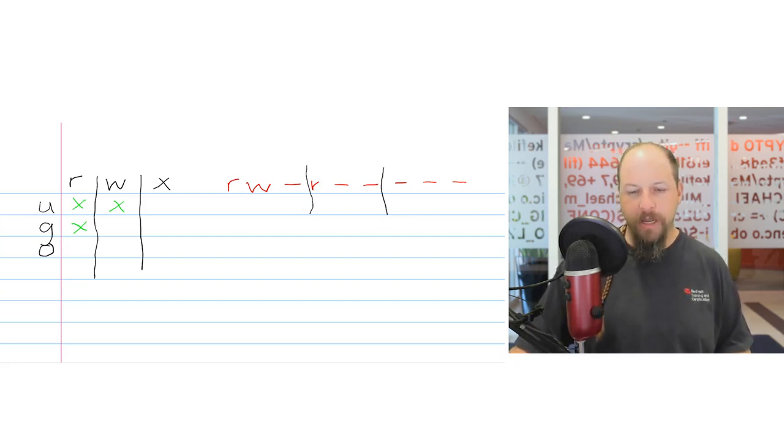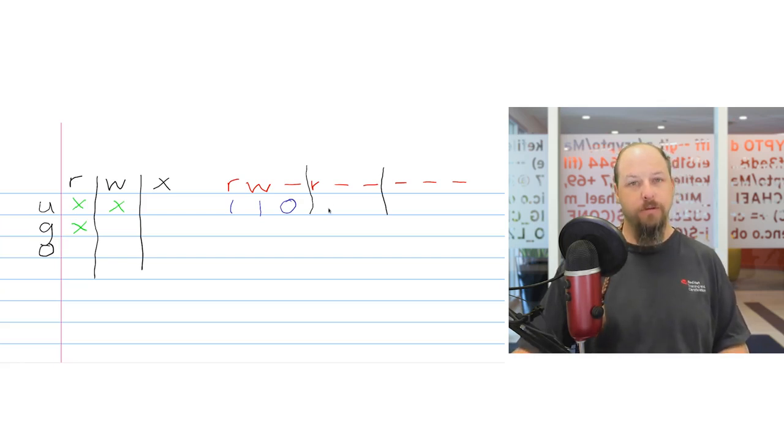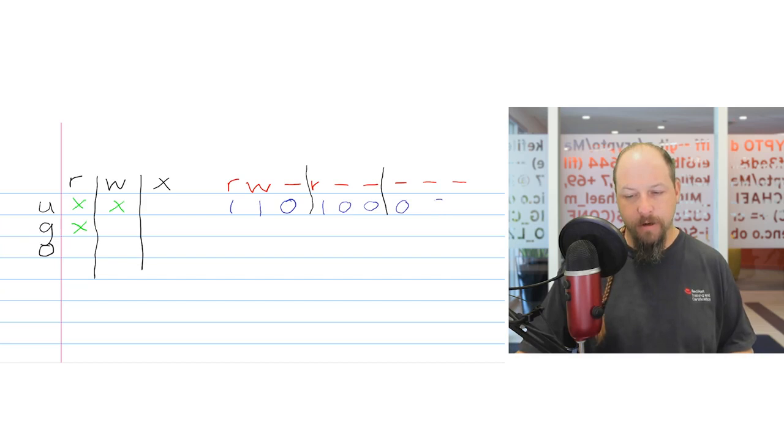I'll now convert each one to a 1 where they have the permission or a 0 where they do not. I'll use a separate color to make sure we can keep our work separate. Here we have a 1 because the read bit is enabled, a 1 where the write bit is enabled, and a 0 where the execute bit is not enabled. Here we have a 1 for the read bit and a 0 for the other bits. Lastly, we have none of these permissions for other, so therefore we have 3 zeros.